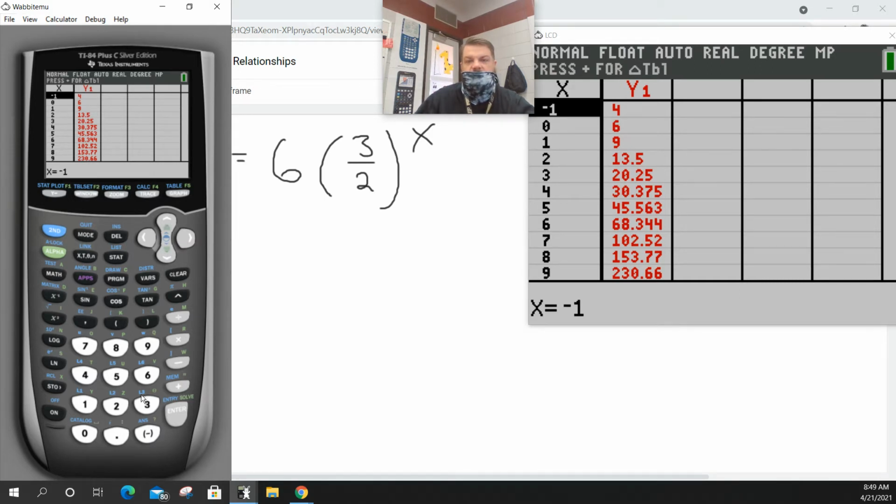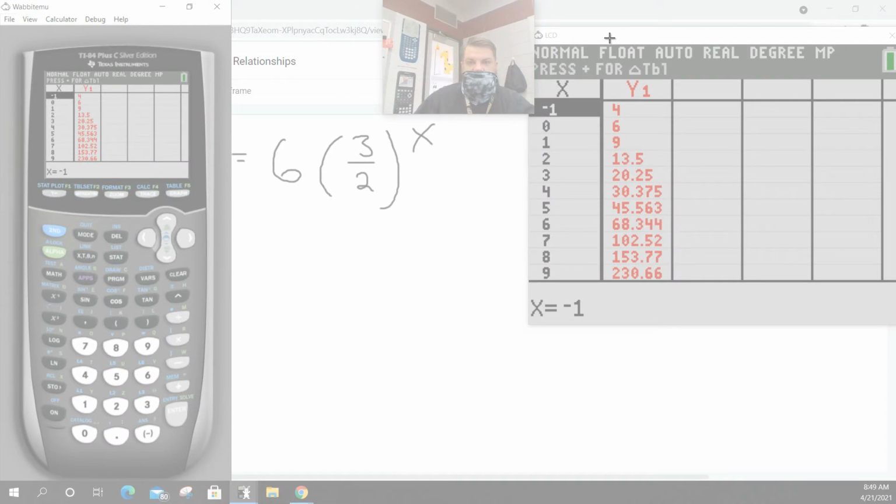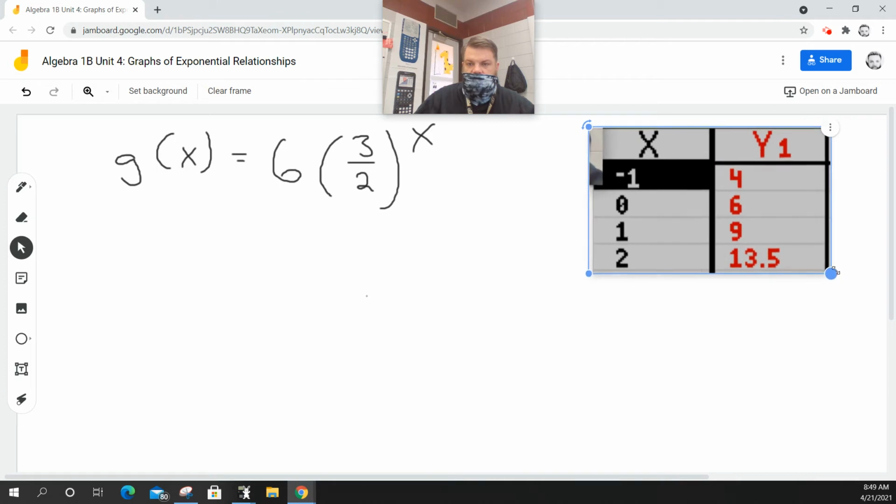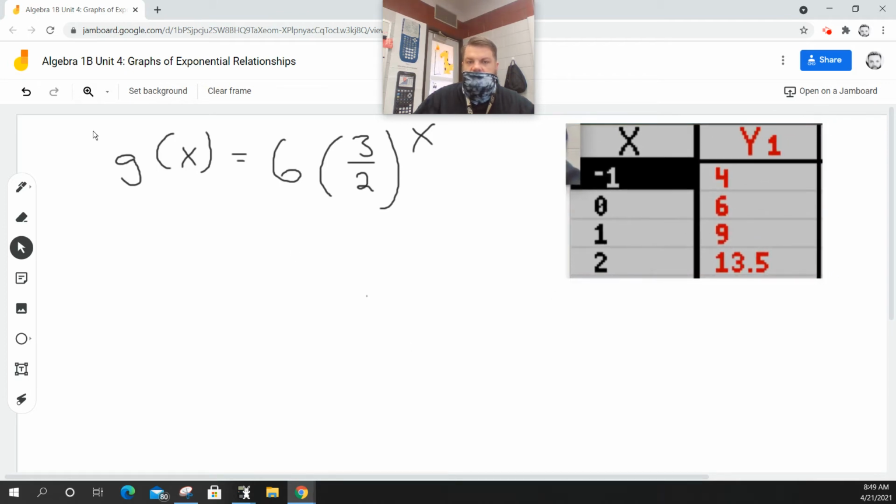So I'm just going to do -1 to 2. All right. So for my x values, I'm gonna check -1 to 2. So now that I've got those values, and we're going to graph those and take a look at those in a second.